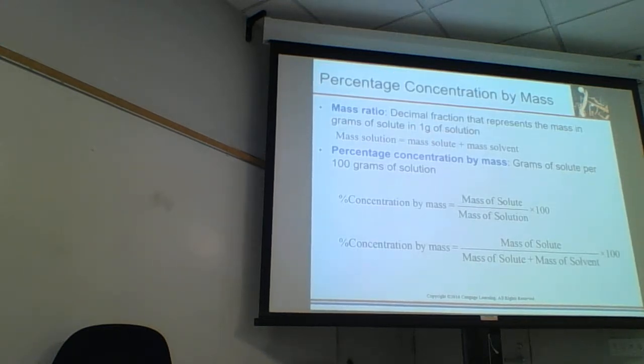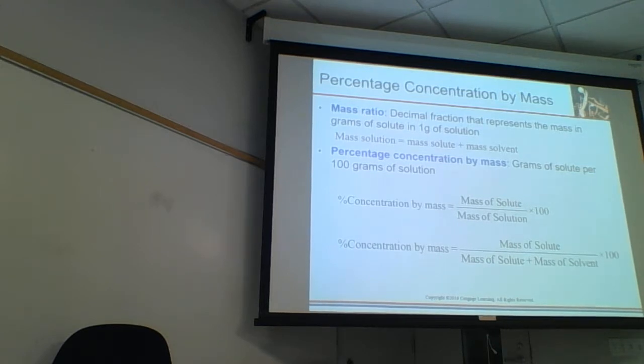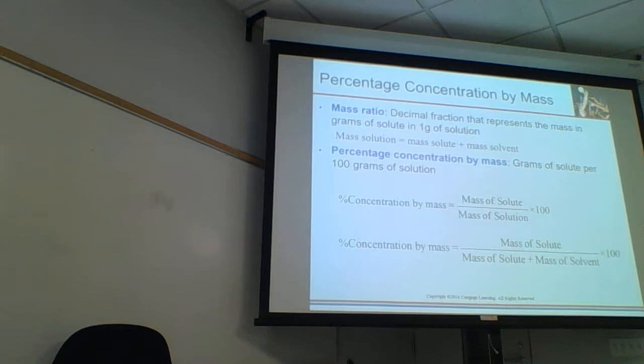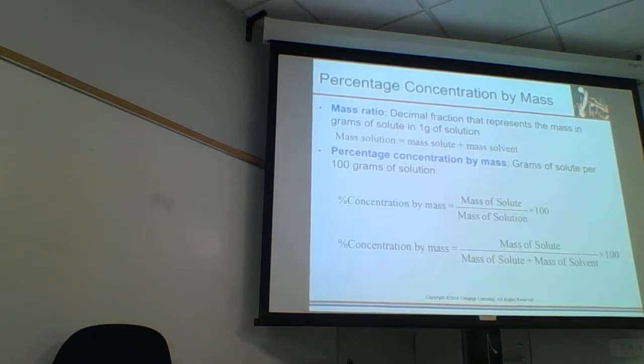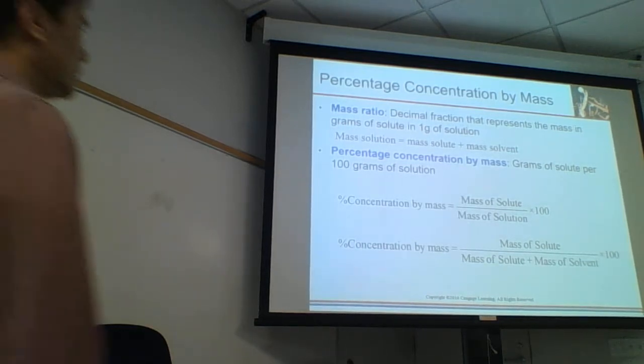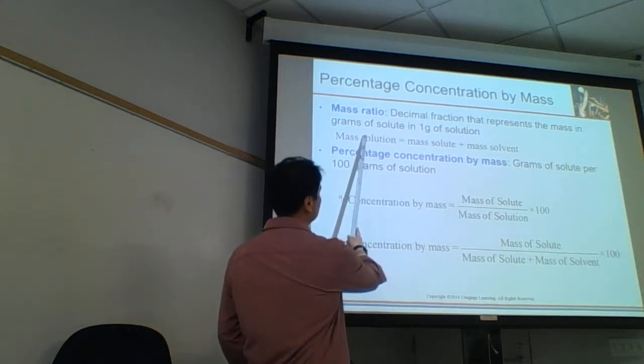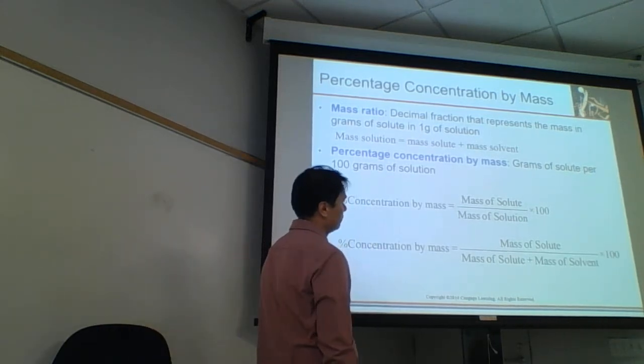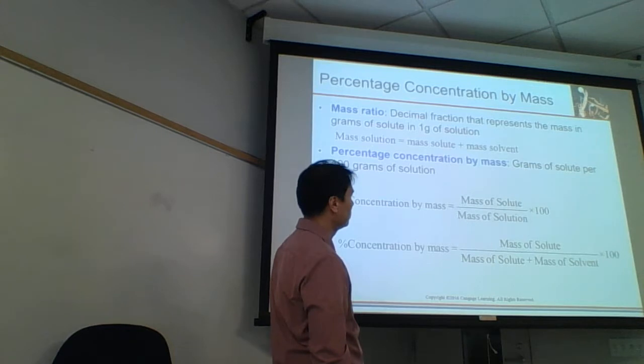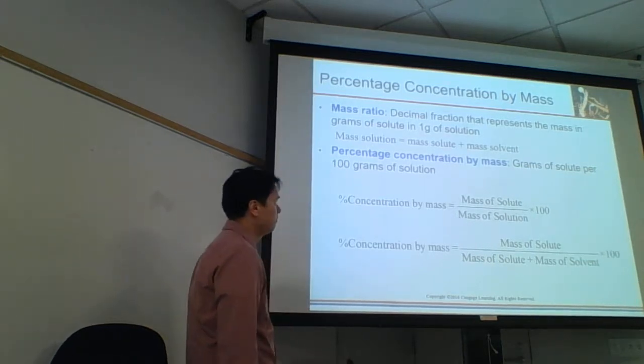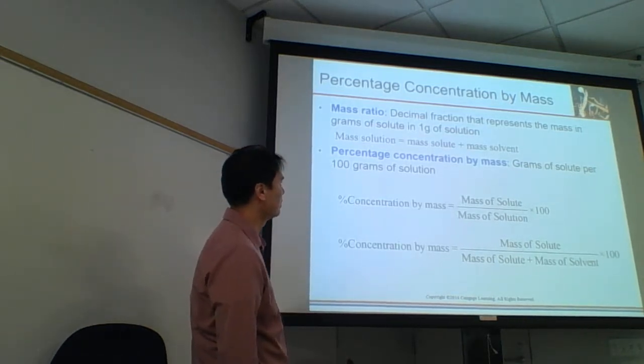All right, those are some factors affecting solubilities. Now let's take a look at the composition of mixtures. The composition of mixtures we can give as mass ratios. Mass ratios would be like 50 grams over 100 grams, 50 grams of solute over 100 grams.